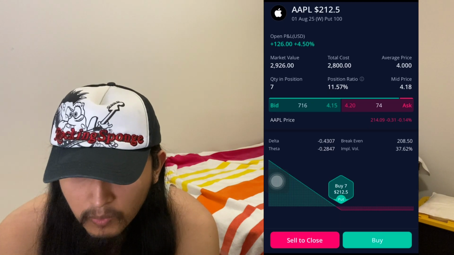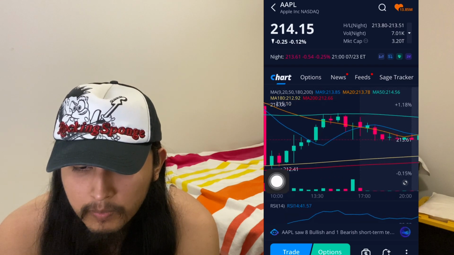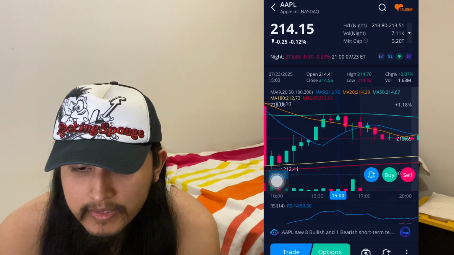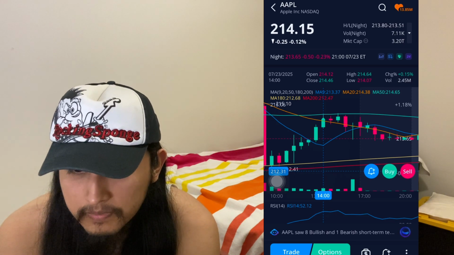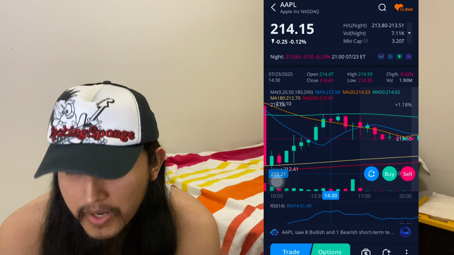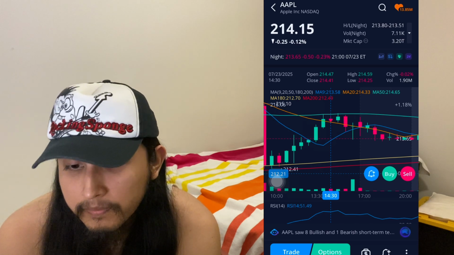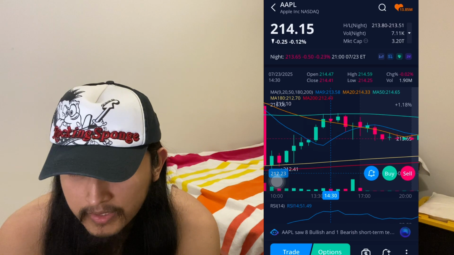So why did I play Apple put options? I played Apple put options because this candle, the 14 candle, got rejected by the 50-day moving average. This candle somewhat got close to it, but barely. But I could assume if it were to touch the 50-day moving average, it probably would have been rejected by it.